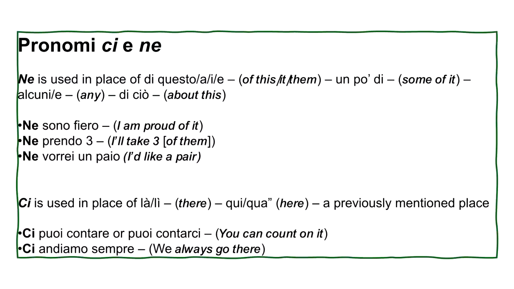Ne prendo 3. Prendo means I take, okay? I'll take or I take. And remember that in Italian, you're not required, like in English, to write or speak the pronoun I. So you can say prendo 3. Ne prendo 3.